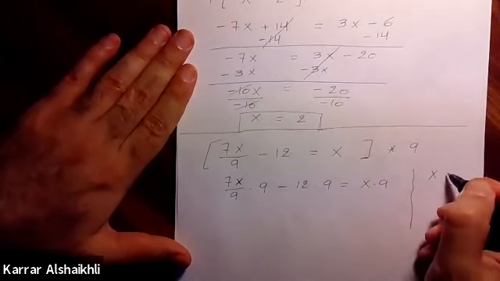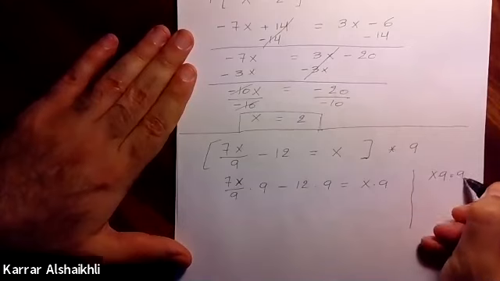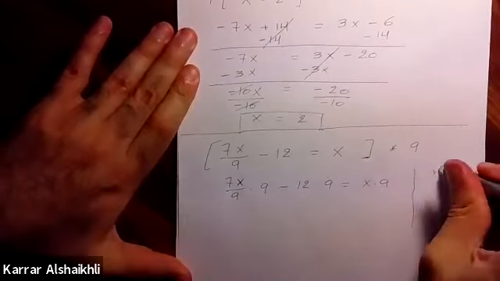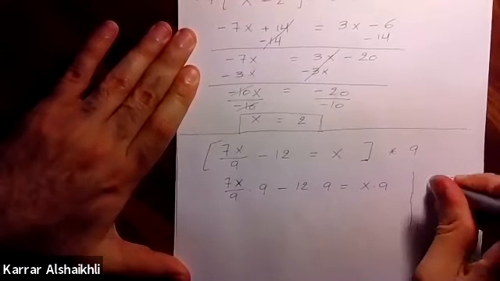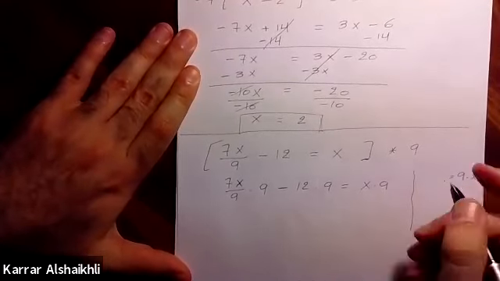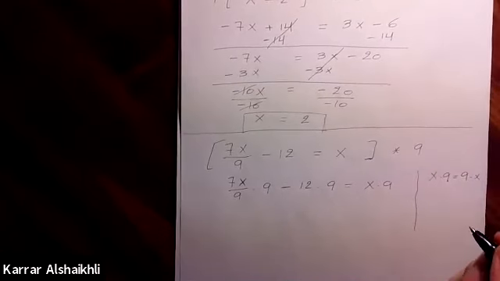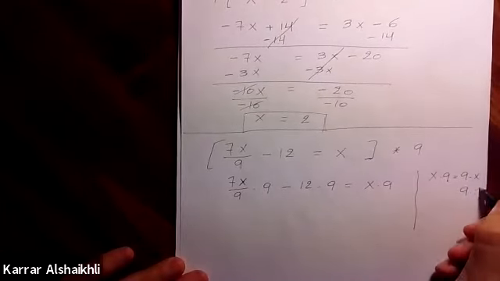X times 9 is the same thing as 9 times x because multiplication is commutative. That's why we can switch it. So I can write it down as 9x.